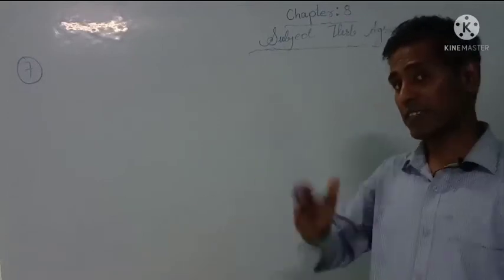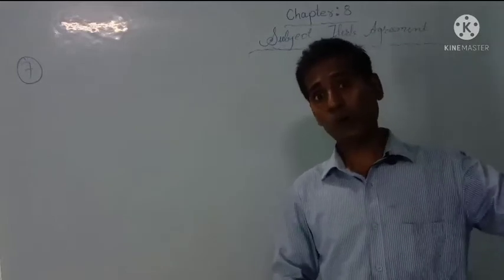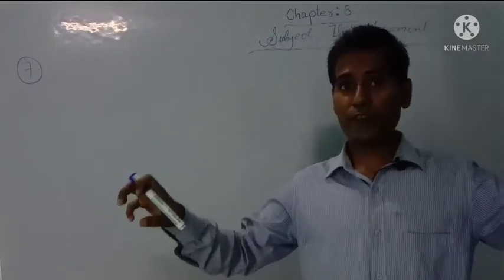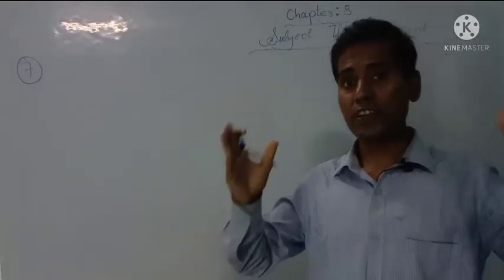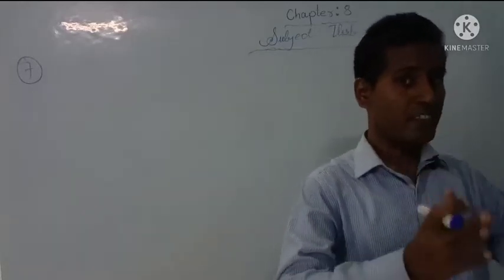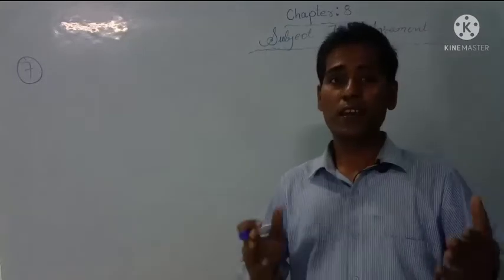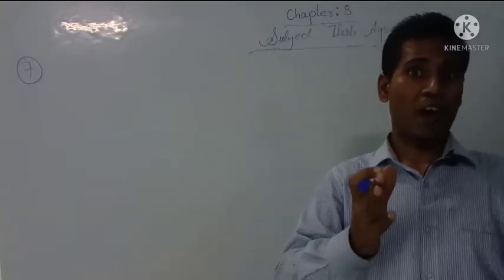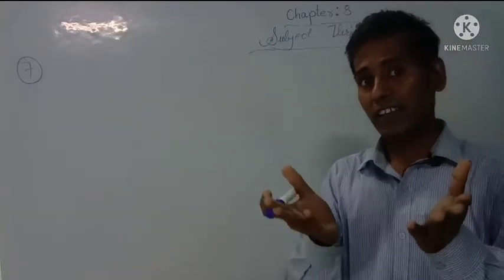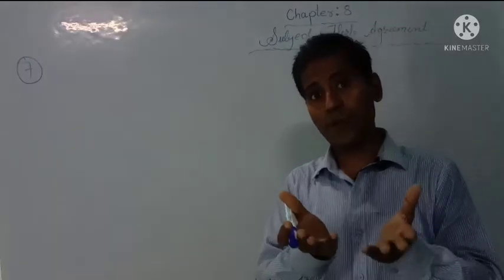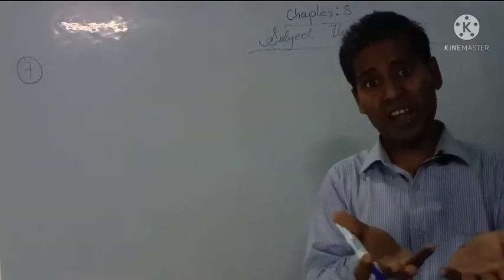Slow and steady are two different singular nouns, but when we say them together, we don't say win the race, but we say wins the race. Why? Because slow and steady interpret a single idea.